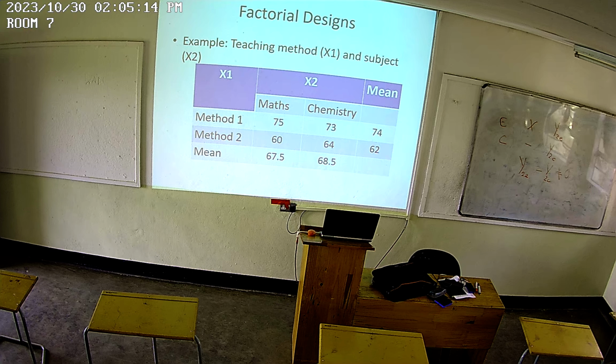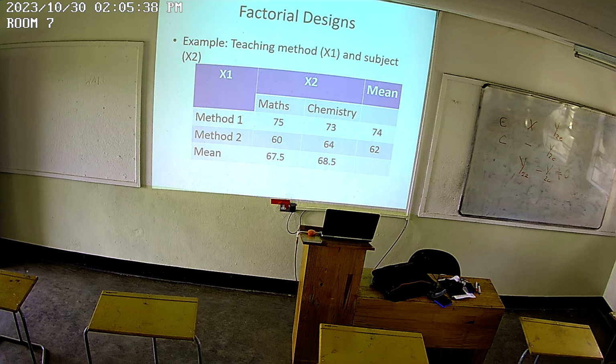You could also have 3 levels of the subject: mathematics, chemistry, geography. You could also have 3 levels of teaching: teaching method 1, teaching method 2, teaching method 3. So the more levels you create on the variable, the more complicated the factorial design is.